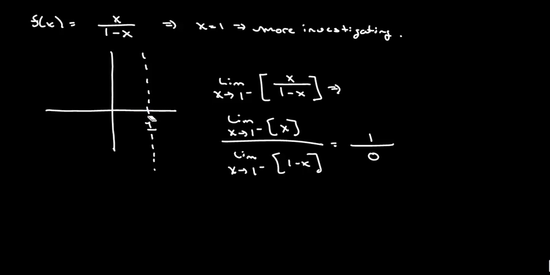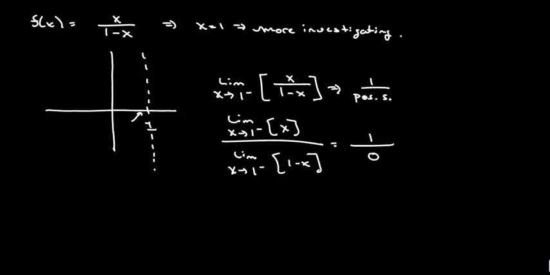Okay, so let's go ahead and take a look at the function's behavior. To do that, if we take a number that's really, really close to 1 on the left side, then the top gets really, really close to 1, and the bottom, 1 minus a number that's really, really close to it but on the left side, is a positive small number.